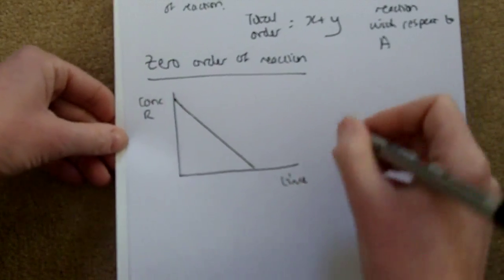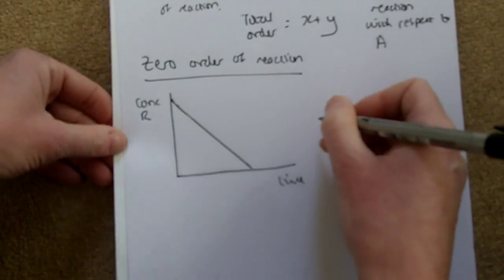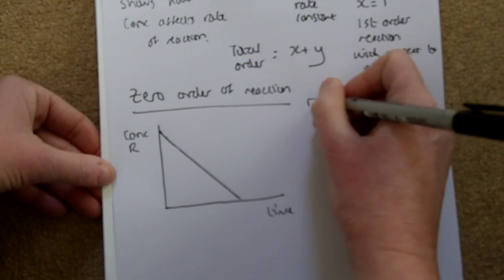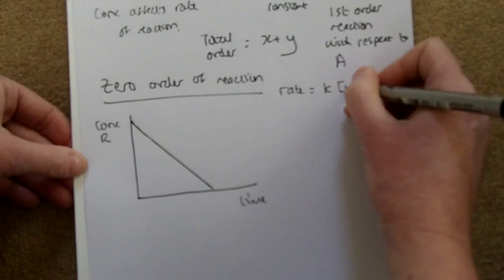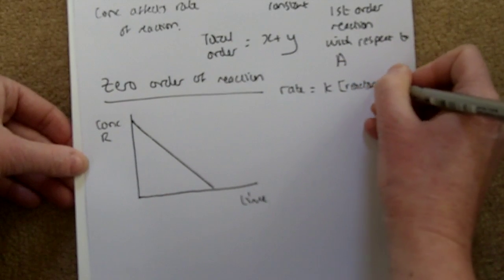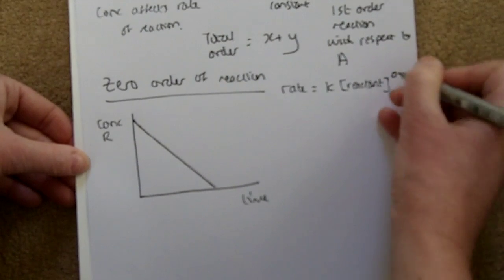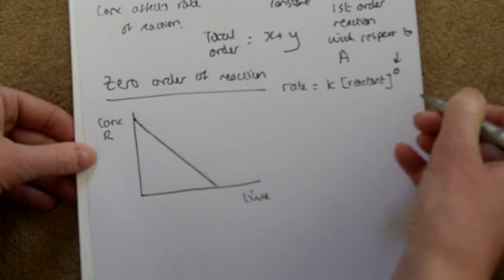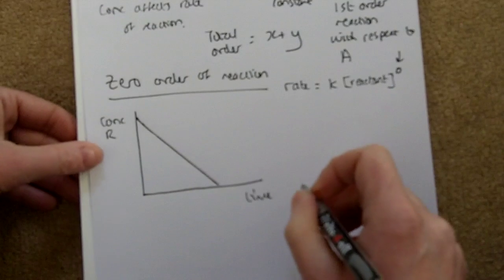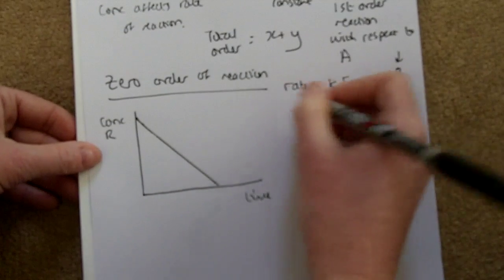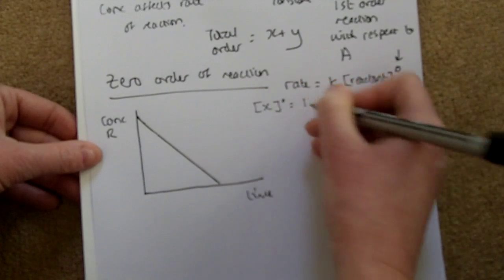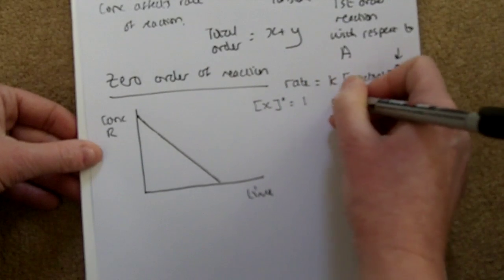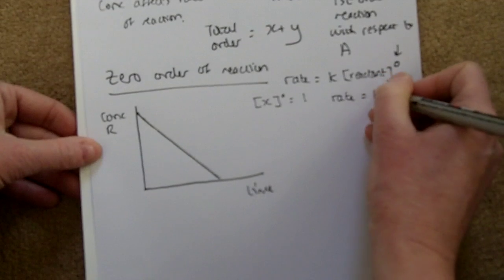But then, if it is a 0 order reaction, that means rate equals k times the reactant to the power 0. The order is the power. Now in maths, whatever is to the power 0 just comes out as 1. So therefore rate equals k.